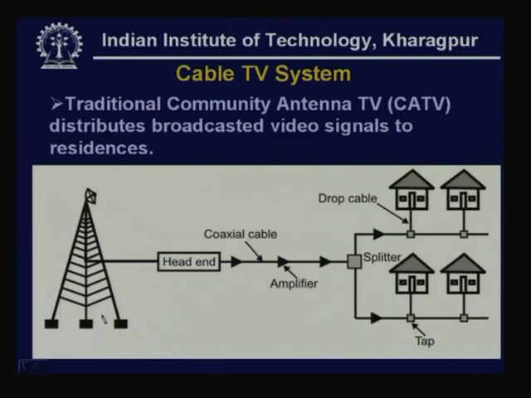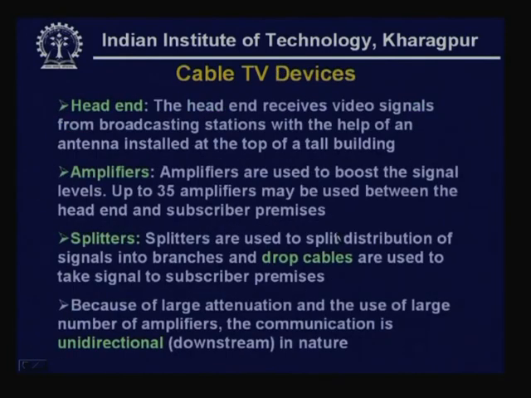It need not be a separate tower, this antenna can be mounted on the roof of a building, and from there the electrical signal is amplified and goes to the head end, and from the head end it is distributed over the coaxial cable. And so the video signal after receiving it is distributed on the coaxial cable.